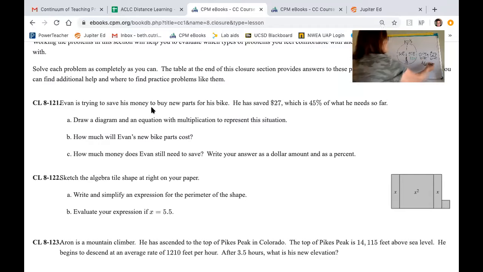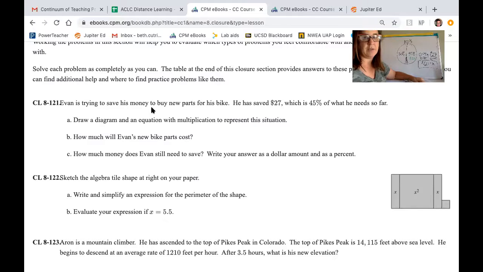So x equals the cost of the bike parts, not the bike. And that's going to be $60.